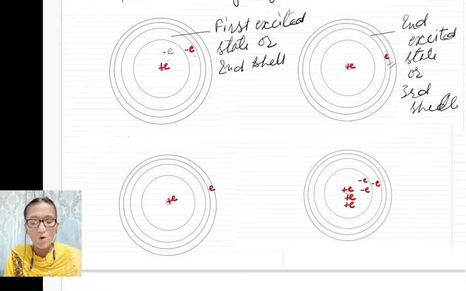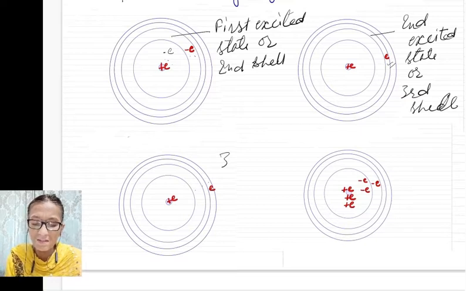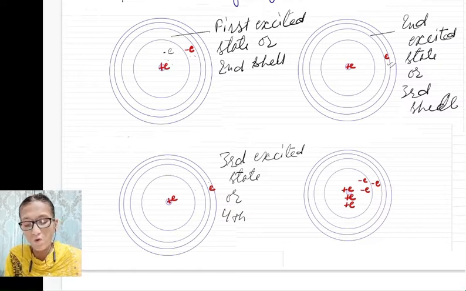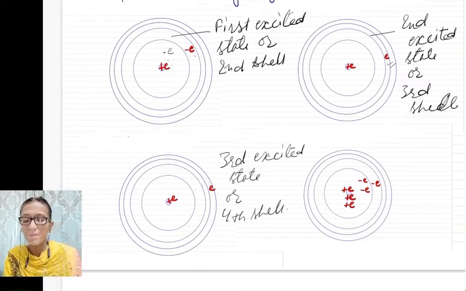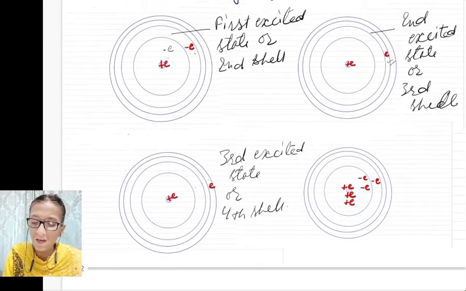And when the electron goes to the fourth cell, then you can see it is its third excited state, or you can say fourth orbit or cell, fourth cell.